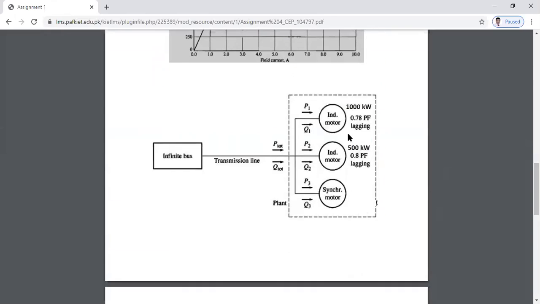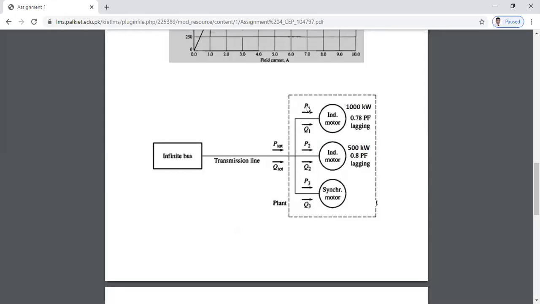Okay, so it already tells you about the two loads, so you can calculate the net real power of the two loads by using these relationships. As I just told you on the whiteboard before, you can find the net reactive power of these two devices. Since both of these devices have lagging power factors, their real powers will be added up, and their reactive powers will also be added up, Q1 plus Q2.